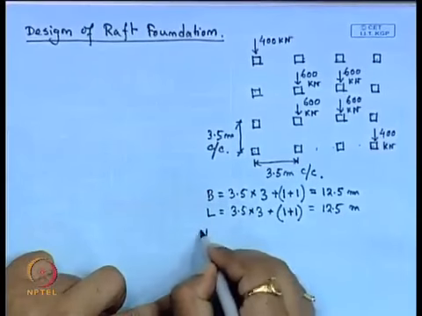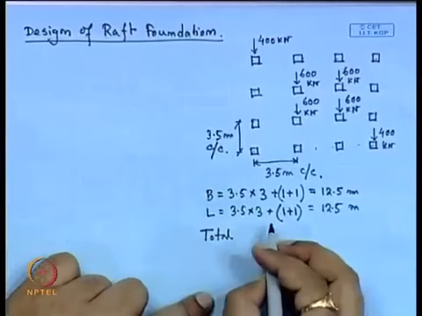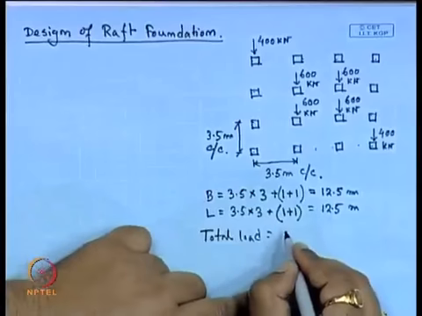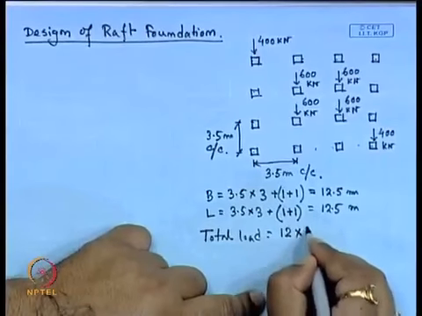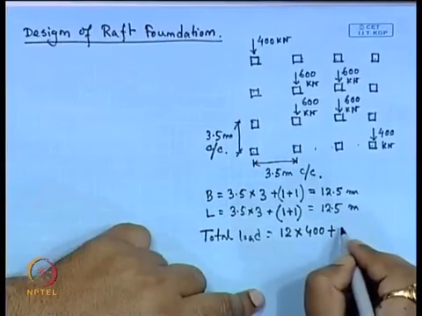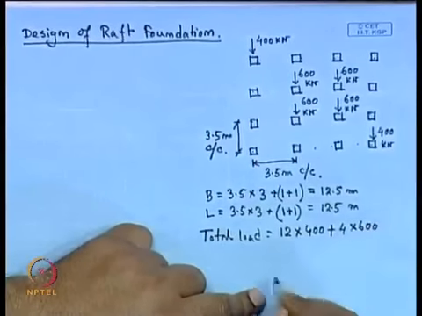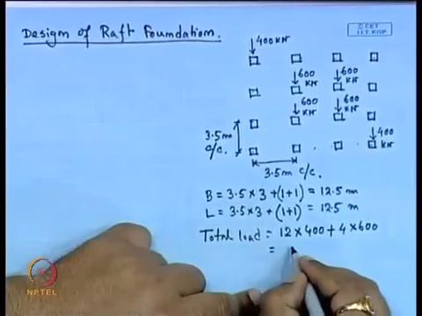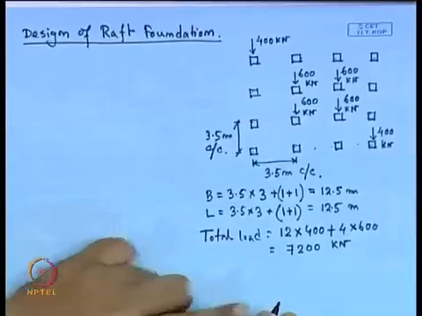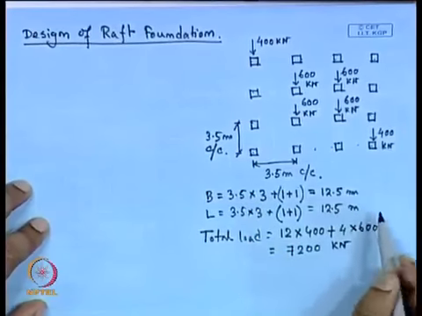Now, the total load acting on this raft foundation: 12 columns are subjected to 400 kilonewton load each, and the internal columns, these 4 columns, take 600 kilonewton each. So, the total load is 7200 kilonewton, and the dimension of this raft we are taking is 12.5 into 12.5 meter.